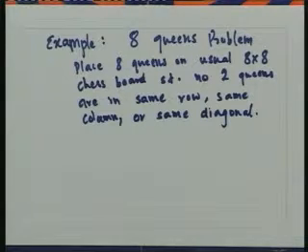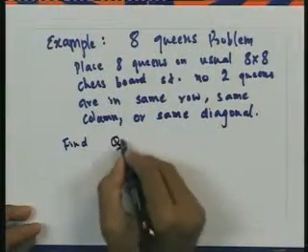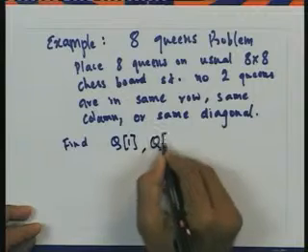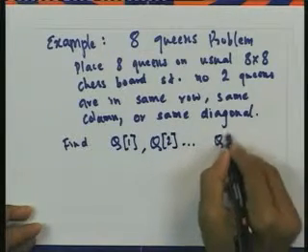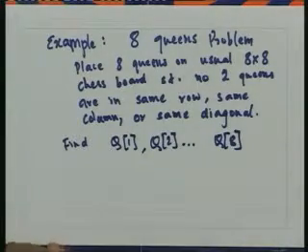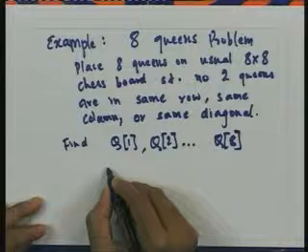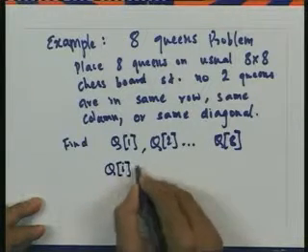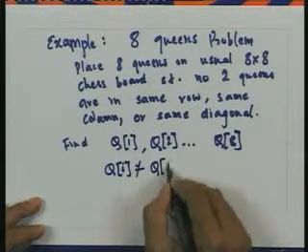You may wonder why this is a problem in the sense we have described. Well, we can always model it as a problem on numbers, on integers. So we can think of this as: find Q1, Q2 to Q8. Let's say Qi represents where in column i the ith queen is going to be placed. So find these Qs such that Q of i is not equal to Q of j.